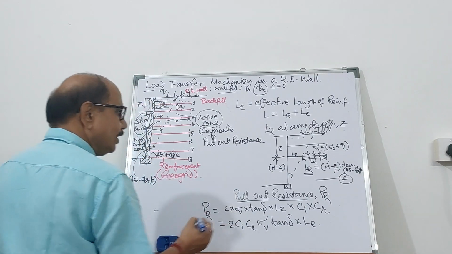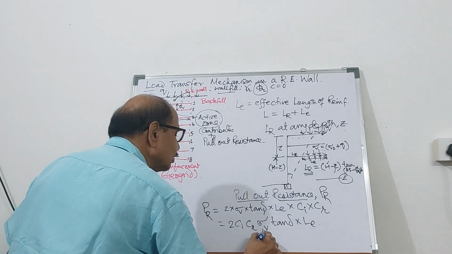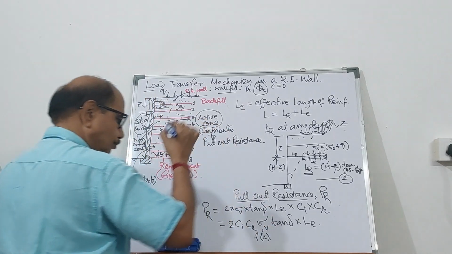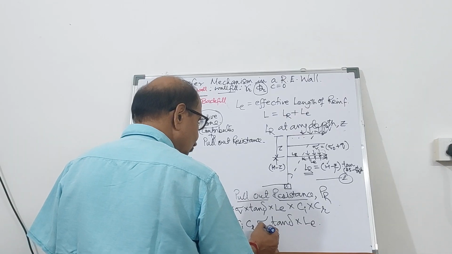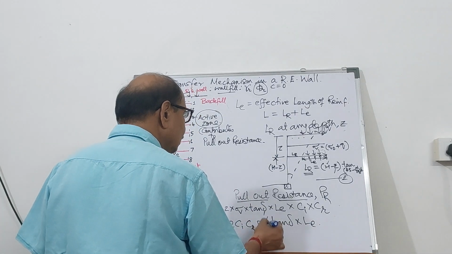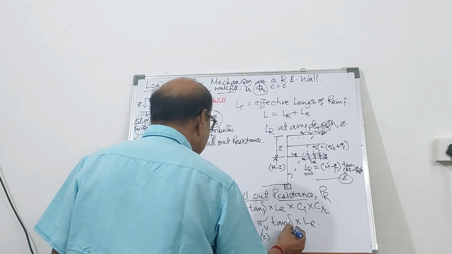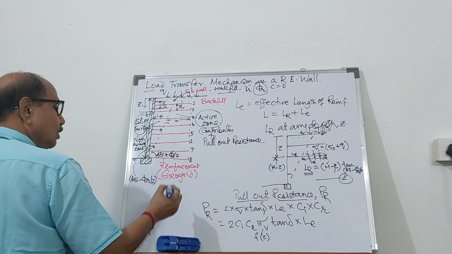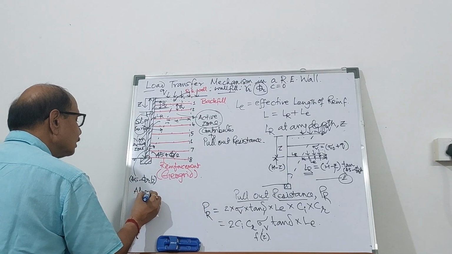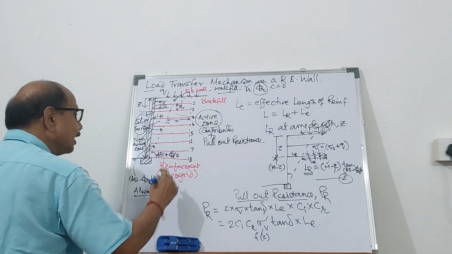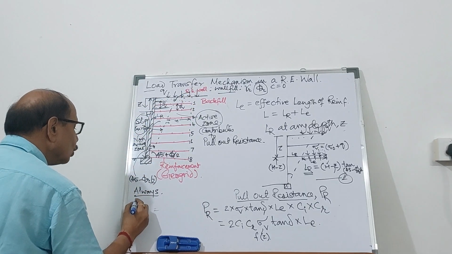Now sigma V is a function of Z. Right? So at any depth Z, you can find out the vertical pressure and always the condition is that pull-out resistance offered by LE should be more.